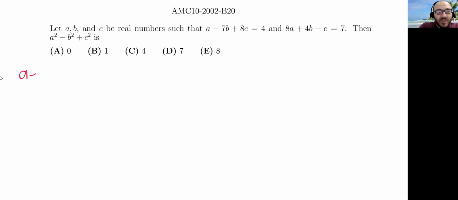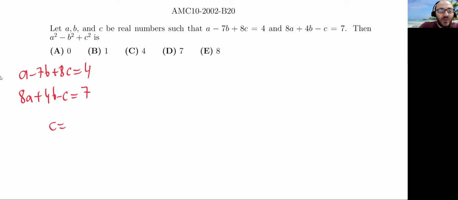So we have A minus 7B plus 8C equals 4. 8A plus 4B minus C equals 7. For the third equation, since they didn't restrict us what it is, we can set, let's say, C equals 0. Then we'll have A minus 7B equals 4 and 8A plus 4B equals 7.